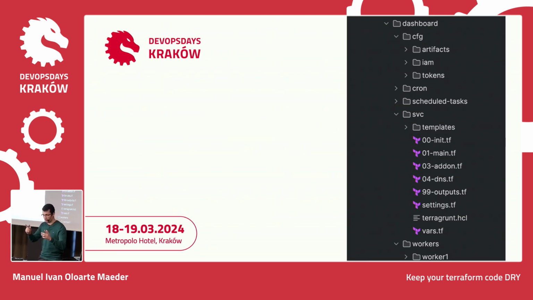Now imagine this. You have, for this application, this amount of files. Then you have for the worker maybe around the same amount of files, minus, of course, DNS, because we won't need that. And then you have this for another 45 services, the same amount of files. So this is multiplied by 45, multiplied by 5, because we had 5 environments. It's a crazy amount of data, also an amount of code lines that we were just repeating.